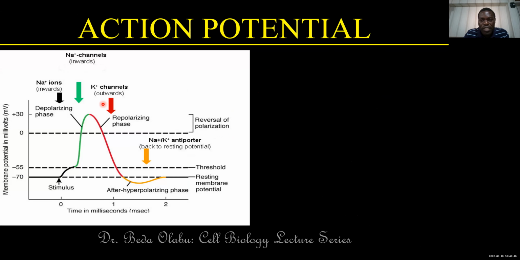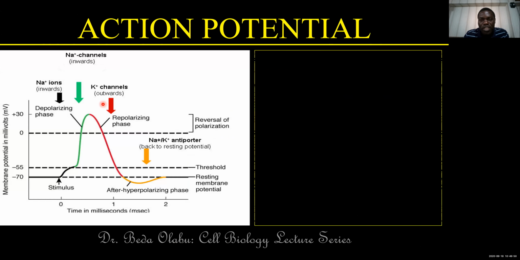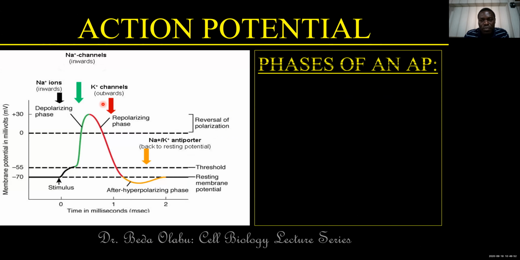Let's look at the phases of an action potential, and I want us to understand this graph. If you are to draw a graph of the events that occur during an action potential, we will have such a graph. The example given here is that of a neuron, because you can see the resting state is at negative 70 millivolts.